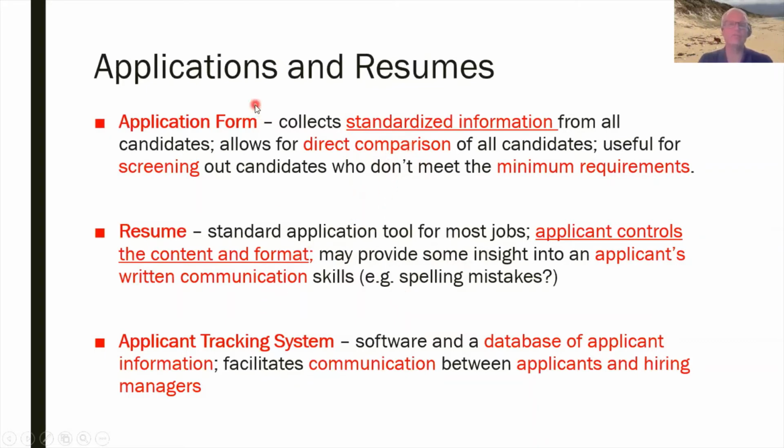The other one, which probably should have been on here, is a portfolio, particularly if the job is artistic or like an architect or something like that. A portfolio is just a collection of projects or works that you've done that you can show people, right? So that's a third way.